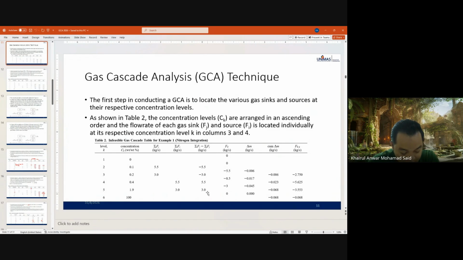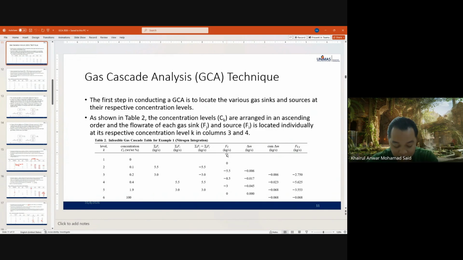Step 3, the infeasible gas flow rate cascade. So start with 0. Assuming zero fresh gas supply, normally any cascading method starts with zero before we identify the pinch, because we assume no fresh gas is required.